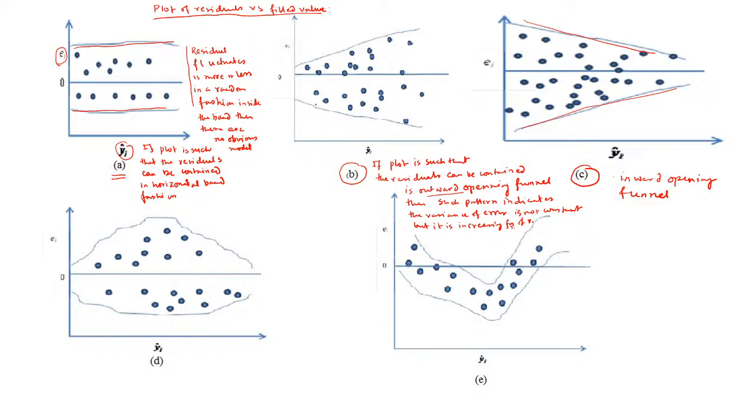If your residual plot looks like figure B, then you can say that the error variance is an increasing function of y, and if it looks like figure C, then it is a decreasing function of y. Okay, and if such a thing is happening, the remedies we already mentioned for the simple linear regression setup apply.